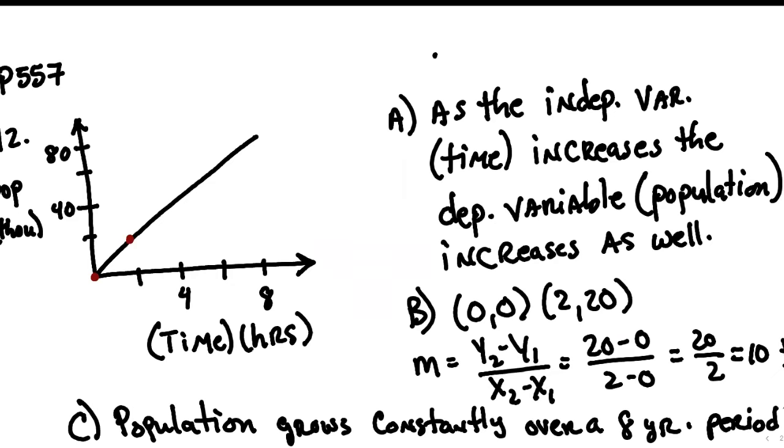So again, latter part, just trying to give some type of verbal explanation or description of what this graph is actually saying. The population grows constantly over an 8-year period.